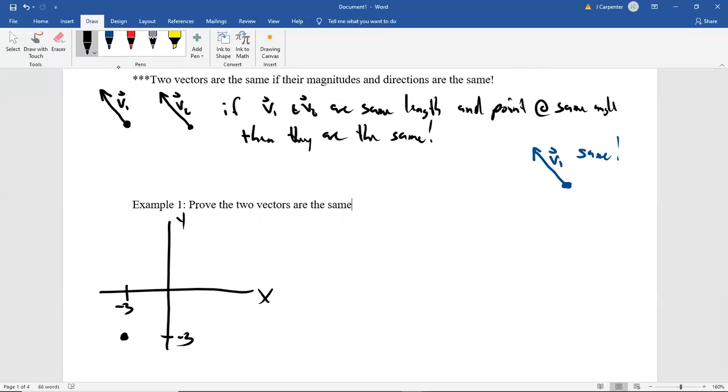And I'm going to have this point, put this at 0, 3. And then I'm going to have another vector. I'll do it in blue. And I'm going to start this one at the origin. And I'm going to have it point at the point 3, 6.